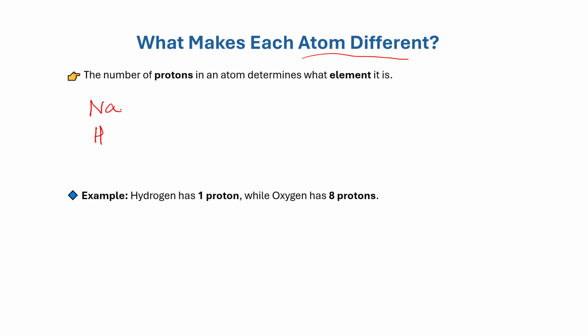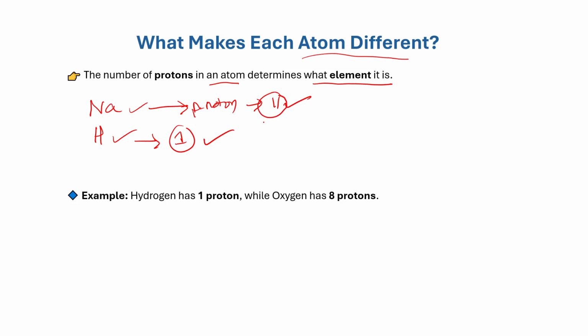It happens because the number of protons in an atom determines what element it is. The number of protons in sodium is 11, and the number of protons in hydrogen is just 1. That's how it is distinguished that this is an atom of hydrogen and this is an atom of sodium.